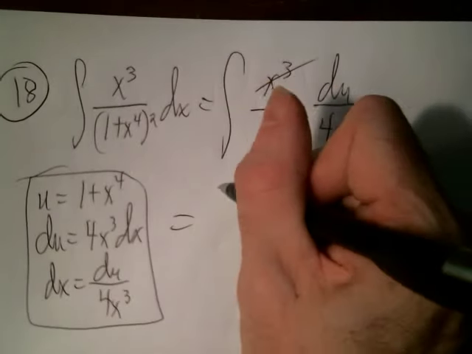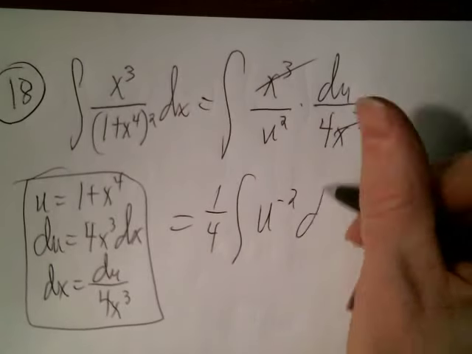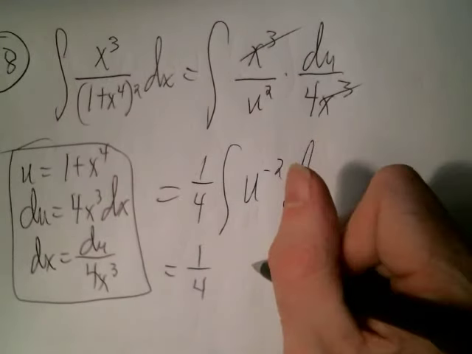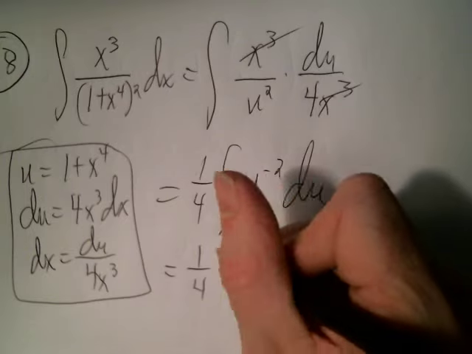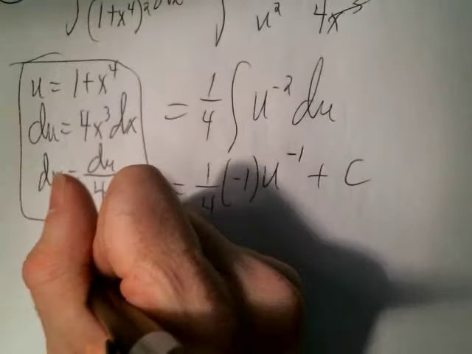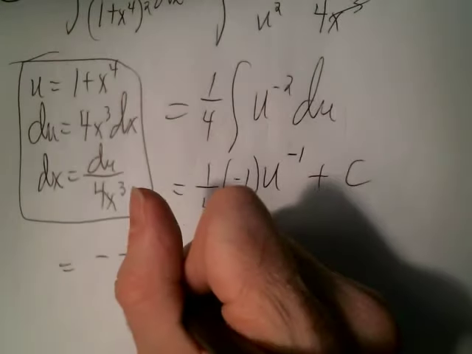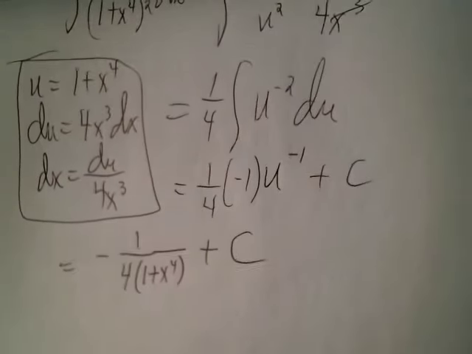I can factor out 1/4. And I have the integral of 1 over u squared, which is u to the negative 2. Add 1 to the old exponent, so I have negative 1. And then divide by negative 1 is the same as multiplying by negative 1. So I get negative 1 all over 4 times u to the 1. So u is 1 plus x to the 4. And plus c.